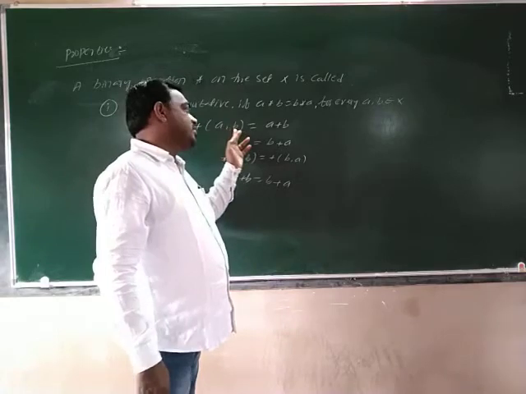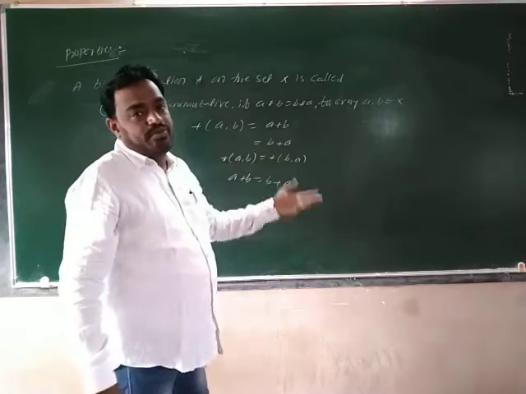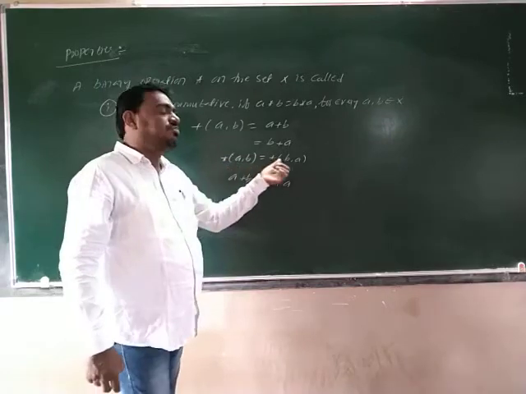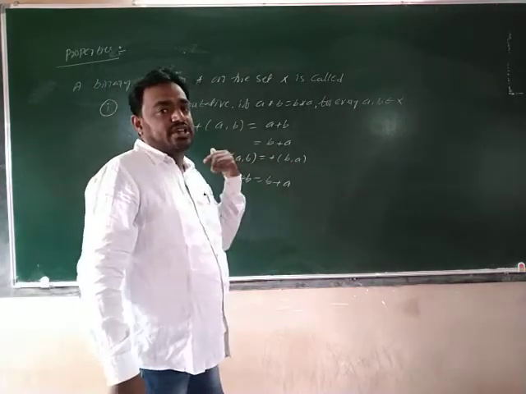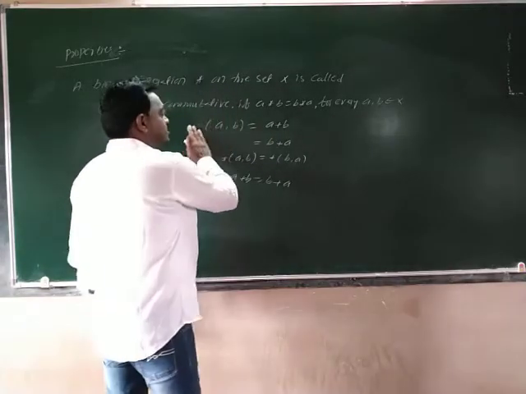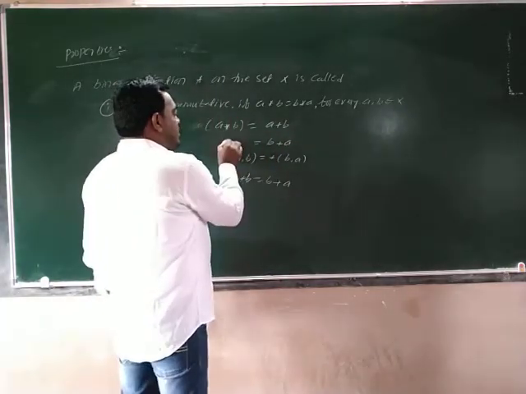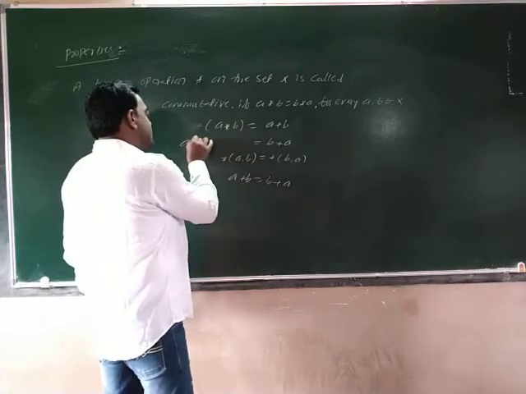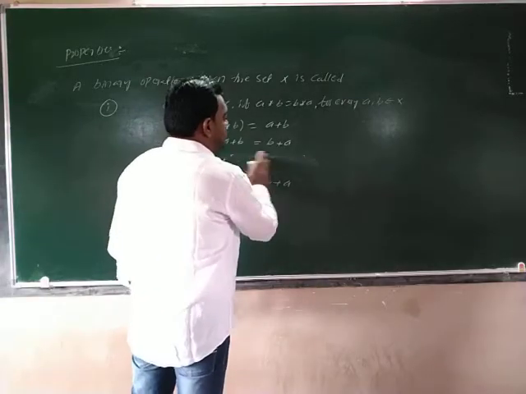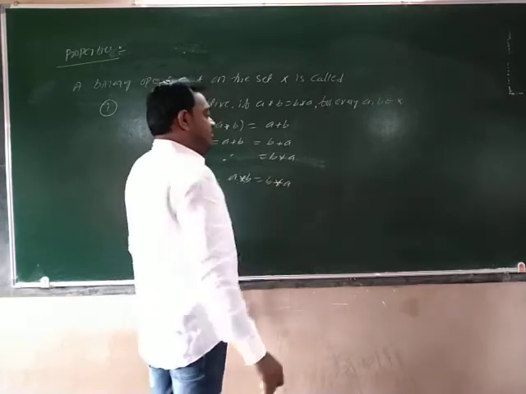Multiplication on A comma B is A into B, which is equal to B into A, the multiplication on B comma A. Therefore A star B equals B star A. Here A star B is defined as A plus B, so A star B is A plus B, which we can write as B plus A, nothing but B star A. Here A star B is equal to B star A.